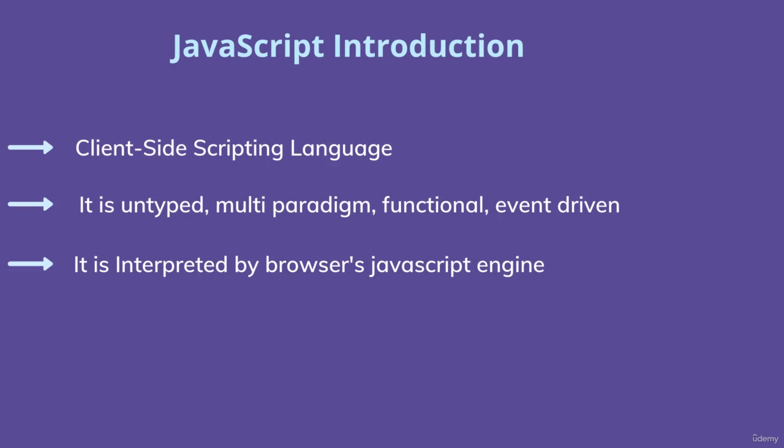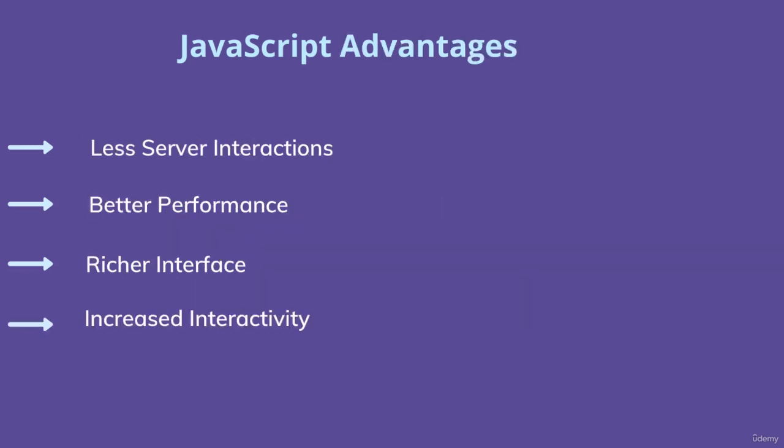That JavaScript engine is able to execute the code which is written in JavaScript. And make sure that JavaScript is enabled for that particular browser. Only then will you be able to see the execution of your JavaScript code.